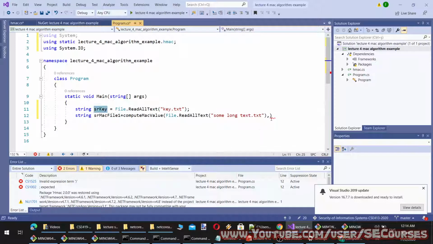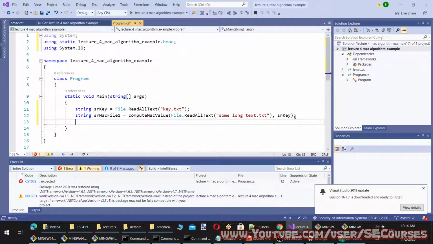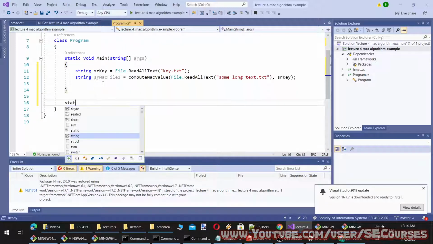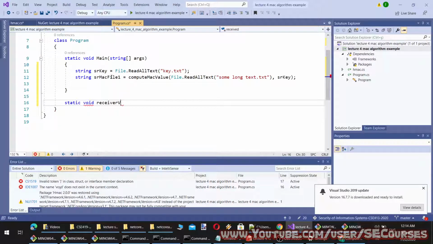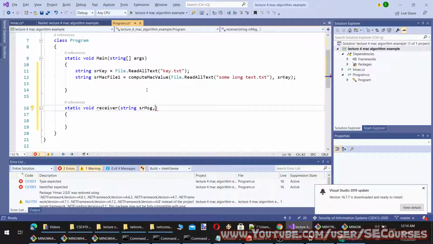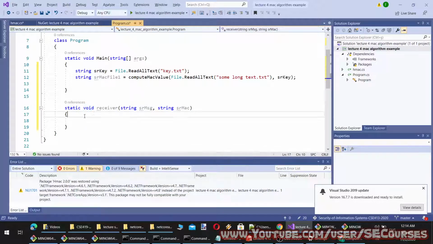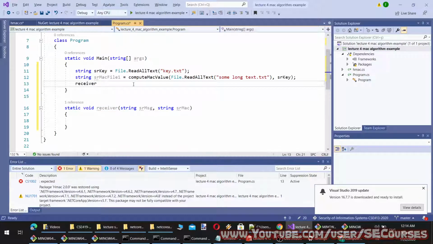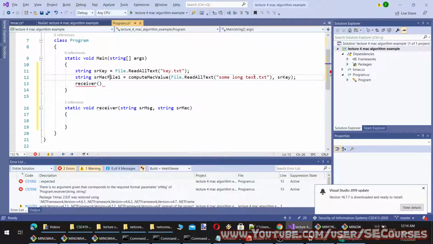Then I am going to assume that there is another file, another method, a receiver method. So this receiver will get us a bool. Since I have computed the Mac, I can send my message to the receiver like this. How am I going to do that?